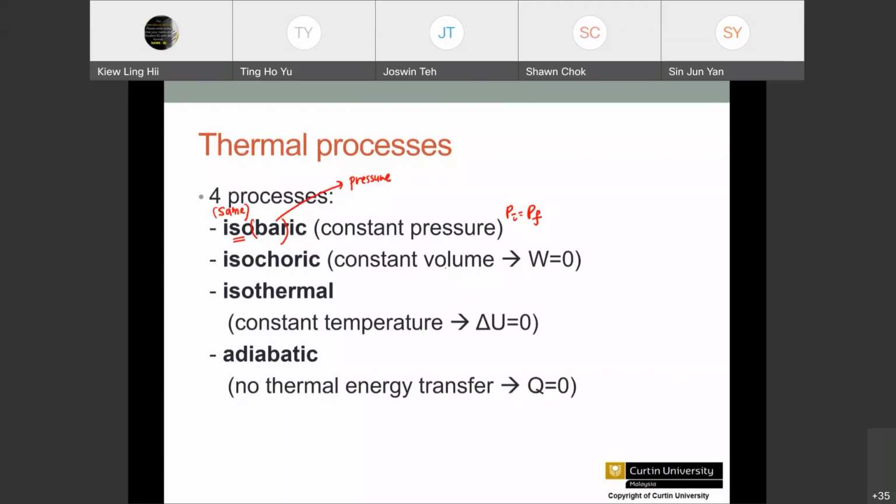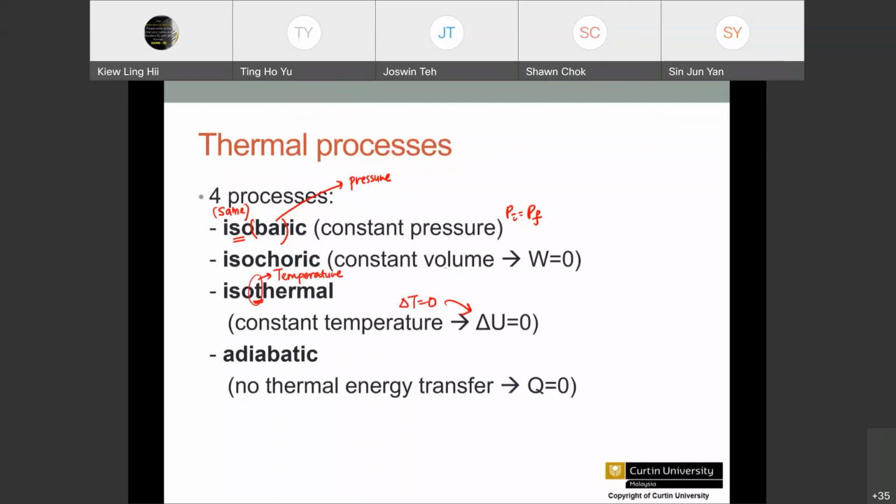Move on. Isothermal. T, remember, stands for temperature. So there is no change in temperature. If there is no change in temperature, likewise, there will be no change in internal energy.